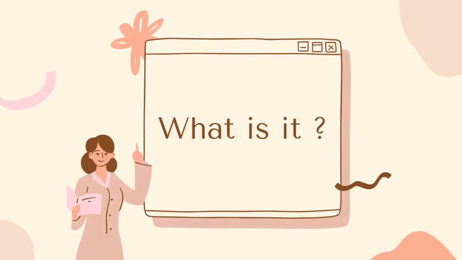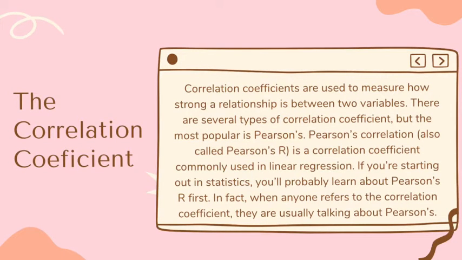So what is the correlation coefficient? Let me explain. Correlation coefficients are used to measure how strong a relationship is between two variables. There are several types of correlation coefficient, but the most popular is Pearson's.